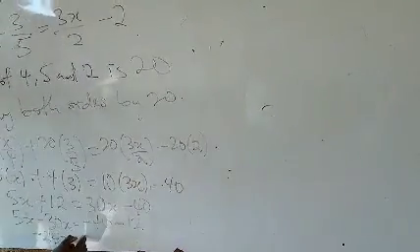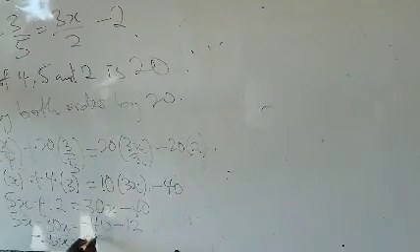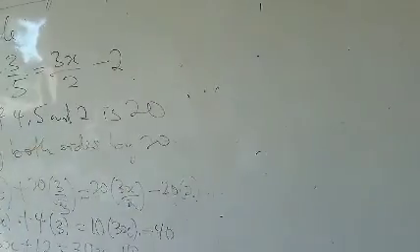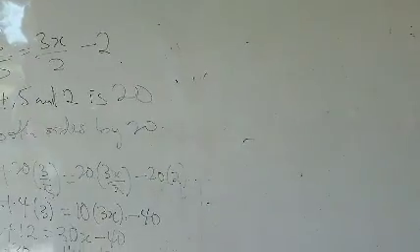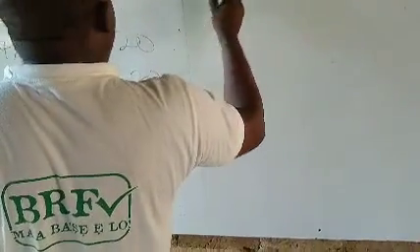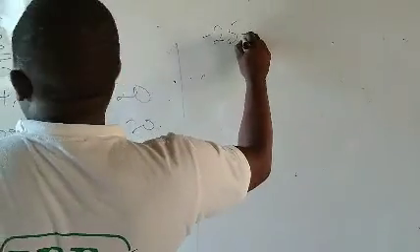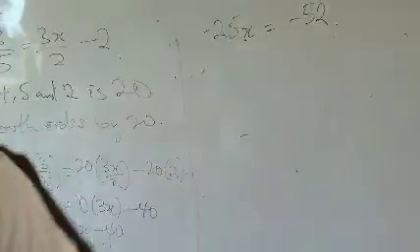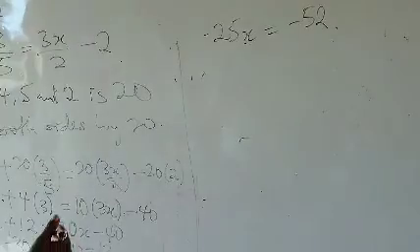Minus 40 minus 12 is minus 52. From here, we have minus 25x is equal to minus 52.